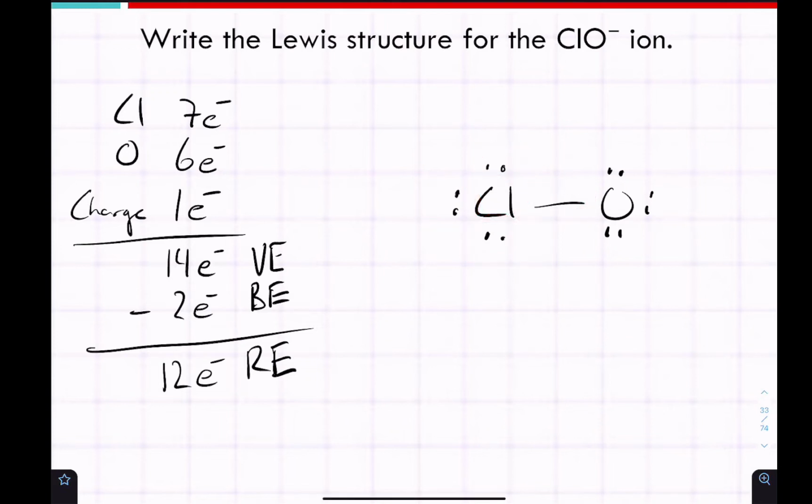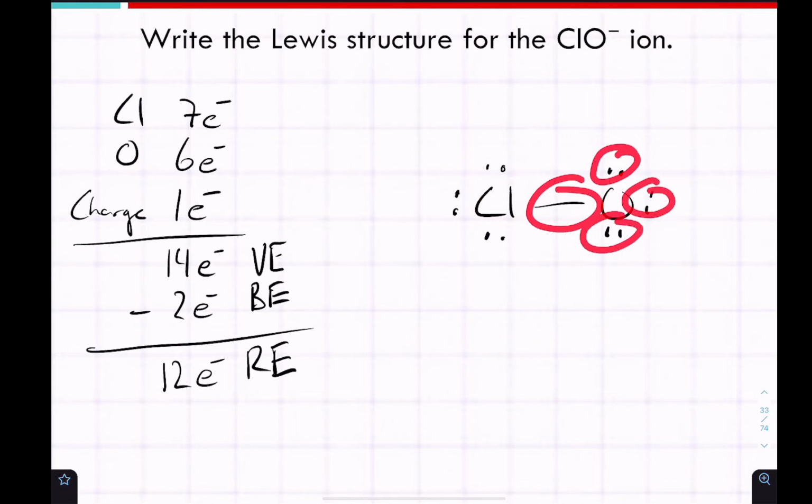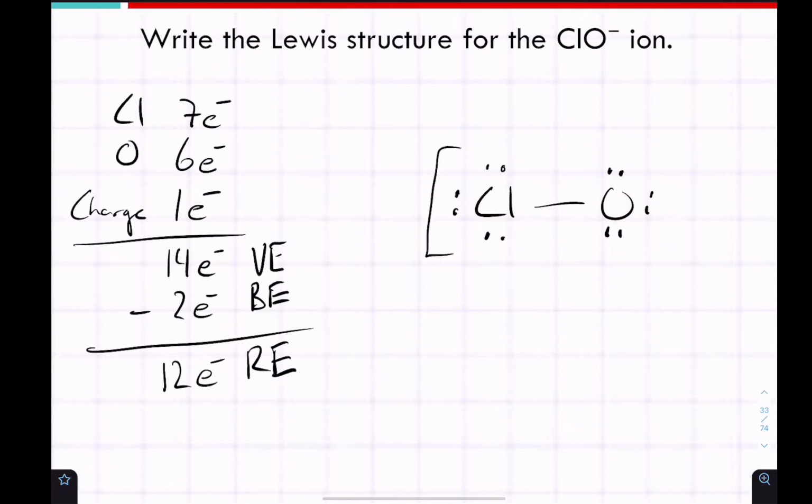And the bond counts for both atoms on either side of the bond. So 2, 4, 6, 8. They both have octets. So this is the correct Lewis structure. And then because it has a charge, we use brackets and then put the charge outside the brackets, saying this whole thing inside the brackets has a 1- charge.